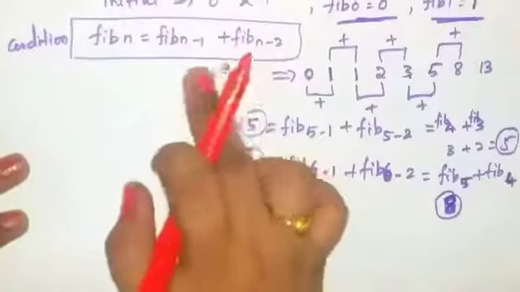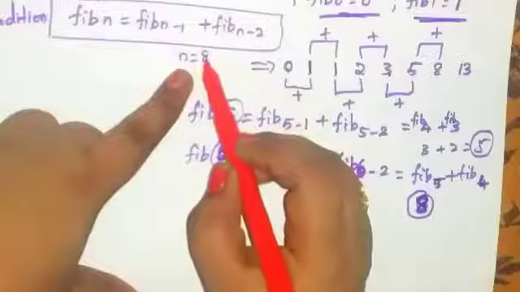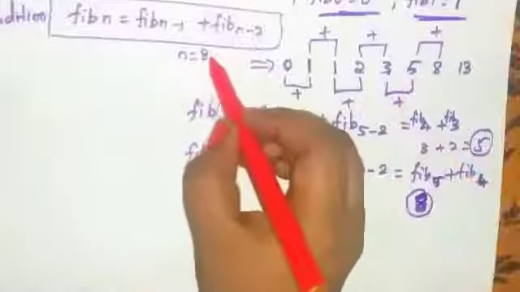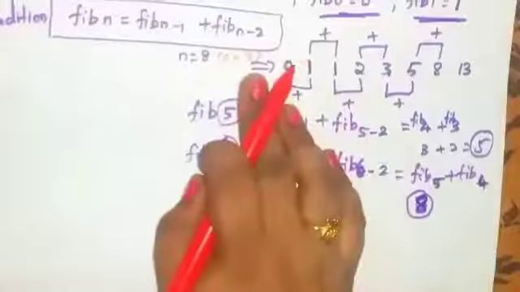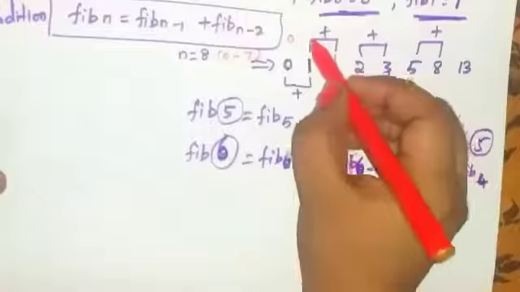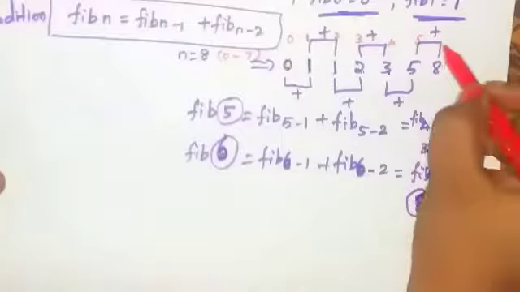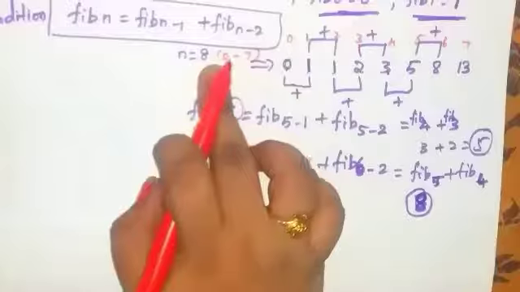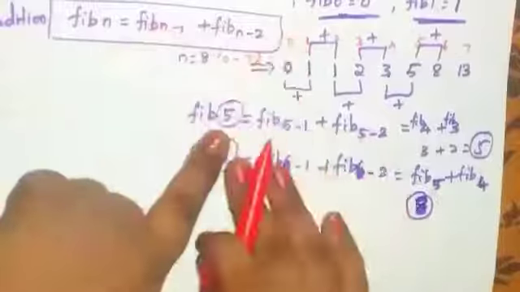If you want to find the Fibonacci series for 8 digits, you will get the output like this. 8 digits means 0 to 7, because the digit starts from 0. This is the 0th position, next 1, 2, 3, 4, 5, 6, 7. So 0 to 7, that is 8 digits. This Fibonacci series satisfies this condition. How will you check this condition?